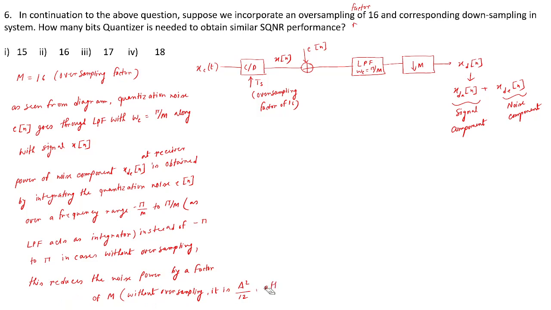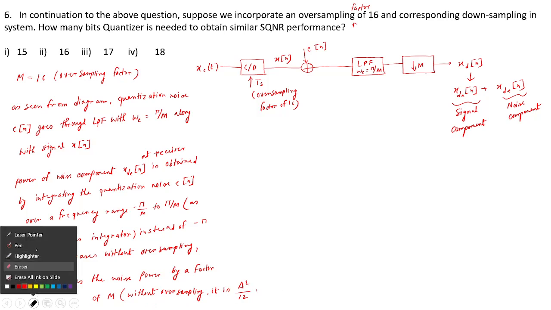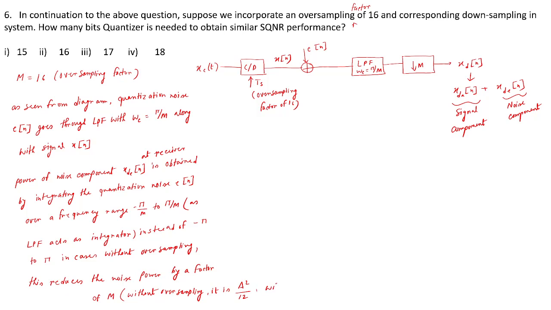But with oversampling, it becomes del square by 12 times 1 over m, because your range of integration reduces by a factor of m. So does your noise power. That in turn leads to an increase in SQNR, which I will show when I write the SQNR expression.